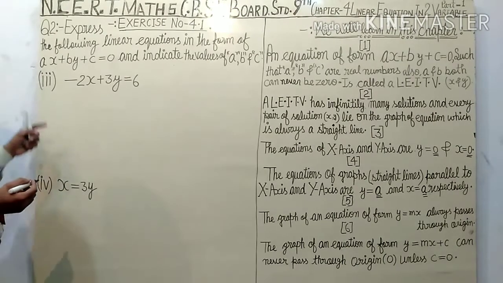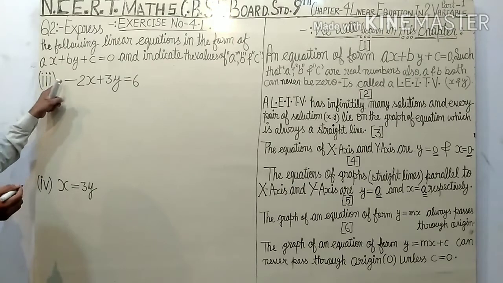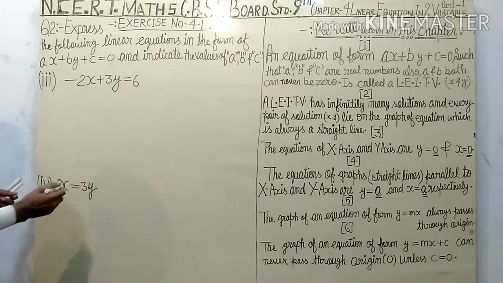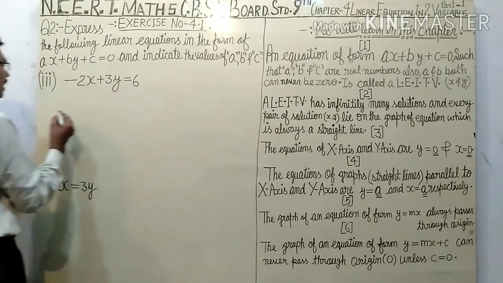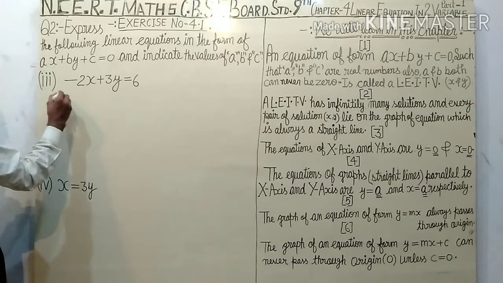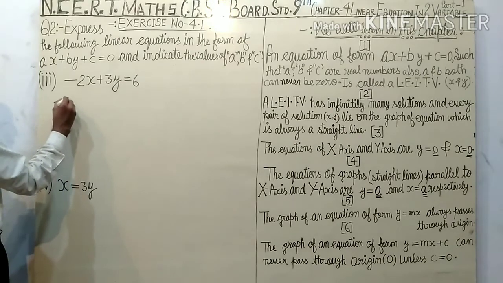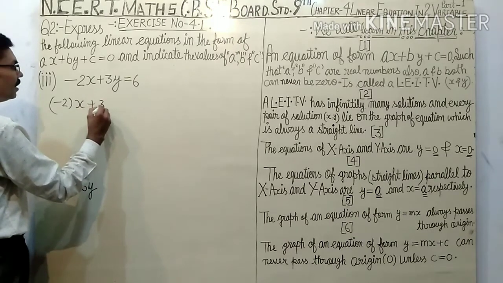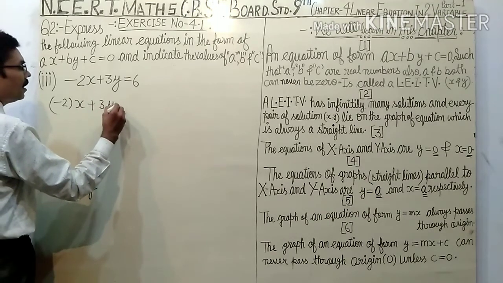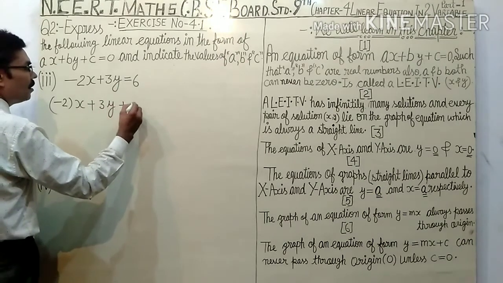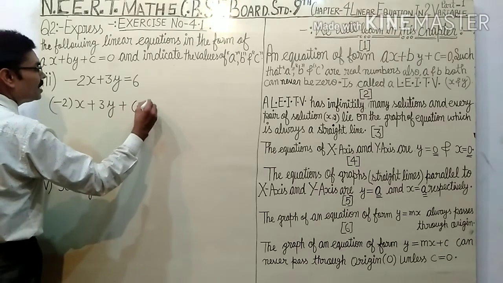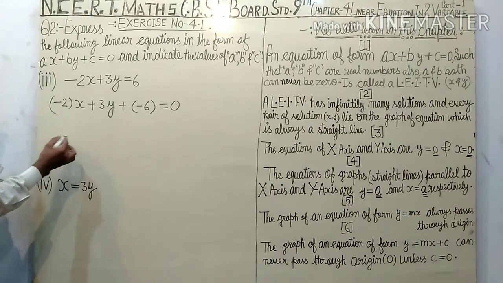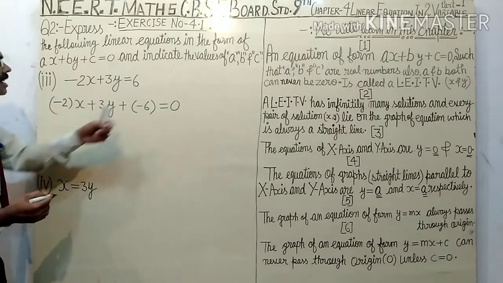And now in the third part we have been given the equation minus 2x plus 3y equals 6. Students, this equation can be rewritten as minus 2x plus 3y plus minus 6 equals 0. Compare the values of a, b and c.